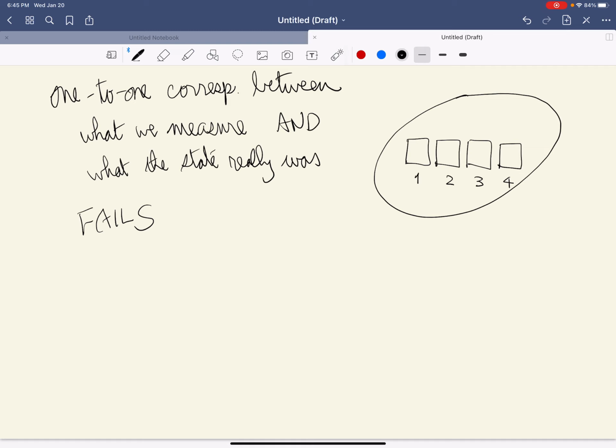Let's say there's only four qubits in this quantum system, and I hit this quantum system with some measurement apparatus, only to find that this measurement gave me a series of binary numbers like 0010.